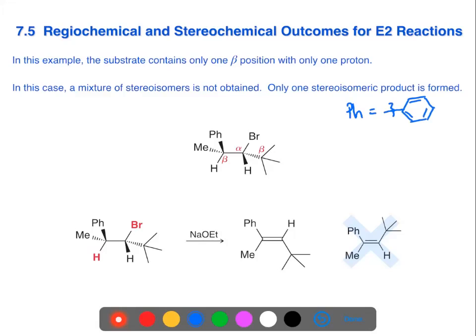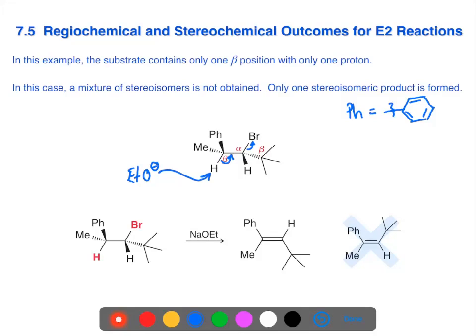Nonetheless, when we have our E2 reaction, the base, so I'll use the ethoxide again as an example, is going to remove this hydrogen as a proton. We're going to have the formation of a pi bond and loss of the leaving group. So this all occurs in the E2.